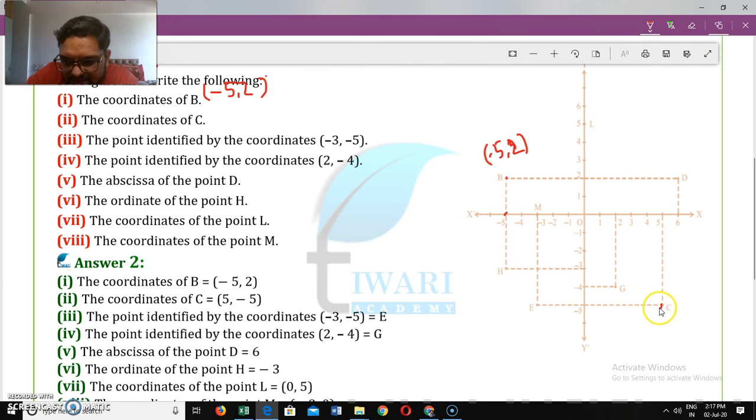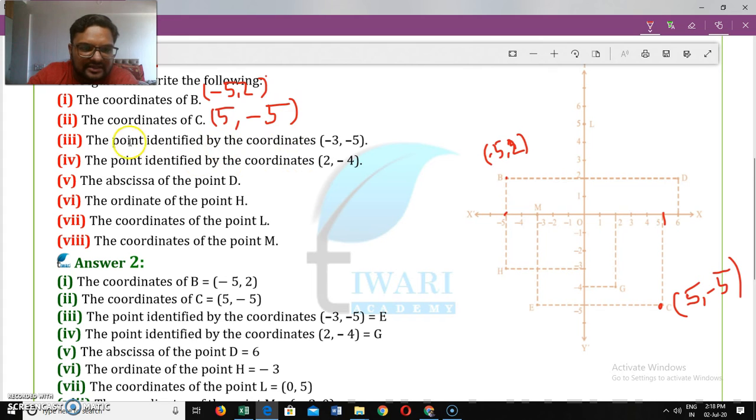Okay, point C is here. First we have to write the value of x. On the x-axis this point is positive 5, comma, and y is minus 5. So the value of C is plus 5, comma, minus 5.